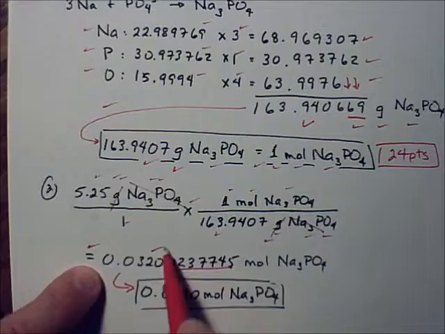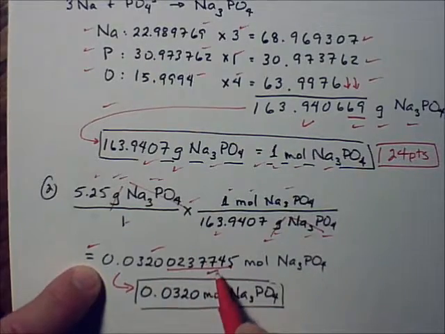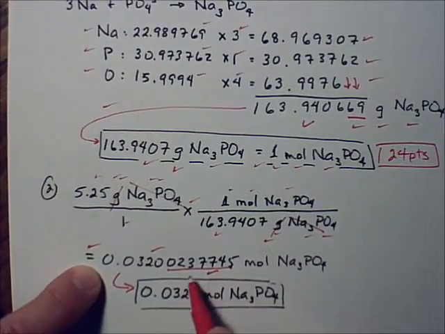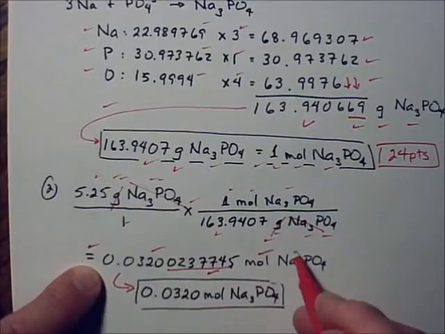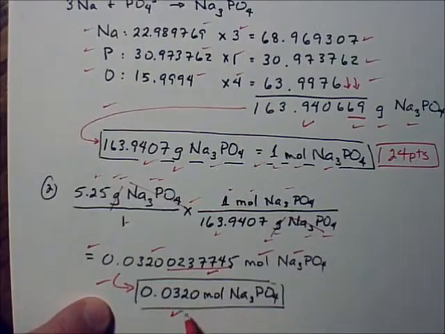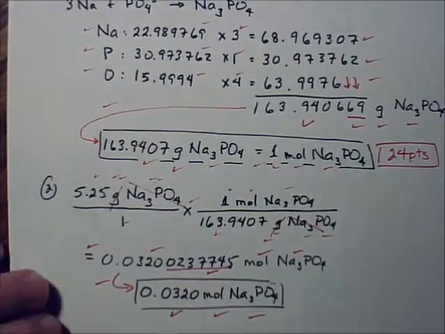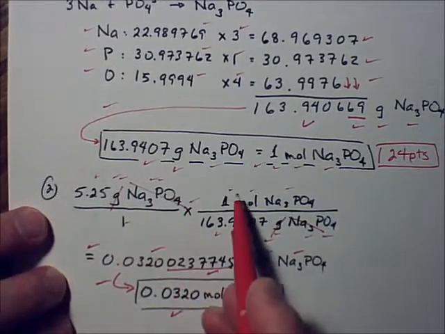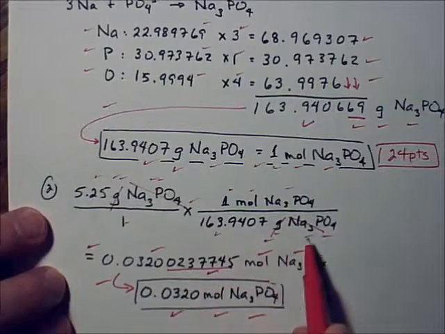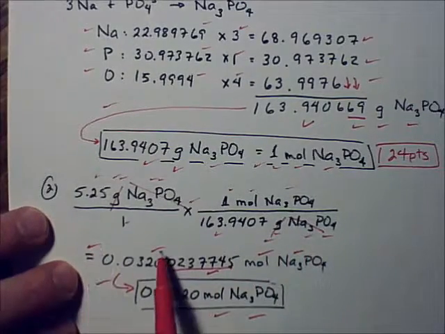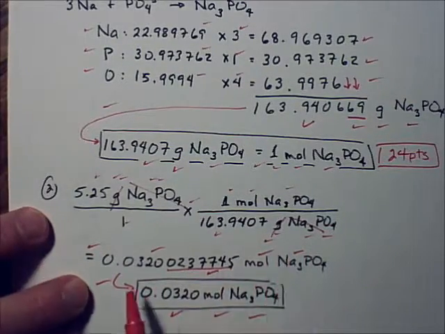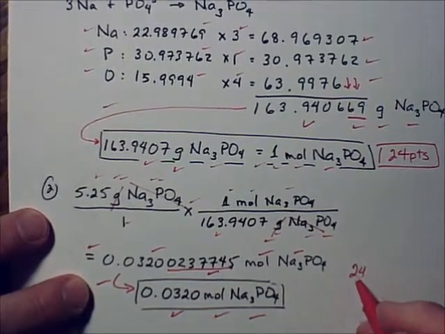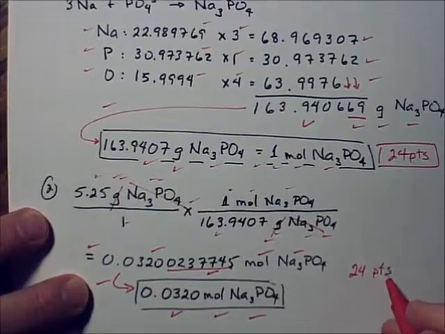Unrounded answer. Rounded: the underlining of the insignificant digits, units and species, arrow, number, unit, species. So let's see. 1, 2, 3, 4, 5, 6, 7, 8, 9, 10, 11, 12, 13, 14, 15, 16, 17, 18, 19, 20, 21, 22, 23, 24. Wow, 24 points for both of them. How about that? That was just too easy, wasn't it?